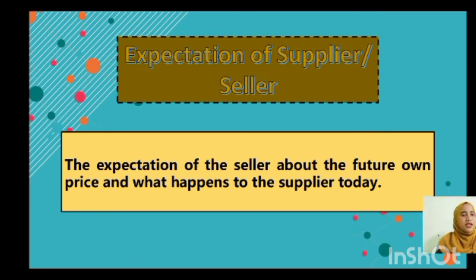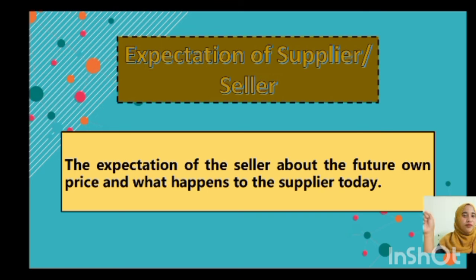So if the seller expects the own price to be higher in the future, kung gusto ng supplier or the seller na maging mahal ang own price, ang pagbenta niya ng kanyang supply in the future, kasi alam naman niyang demand ito sa market, then stock muna niya ito. Kung gusto niya yun, no? Ipa-increase, then the supply today will be decreasing.